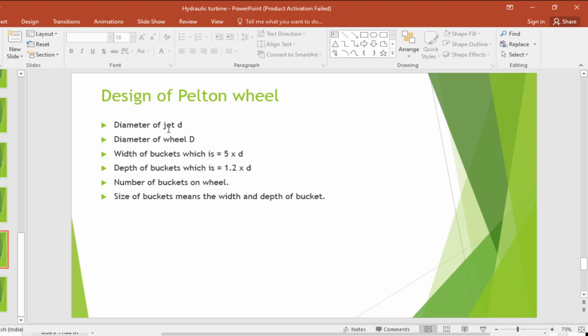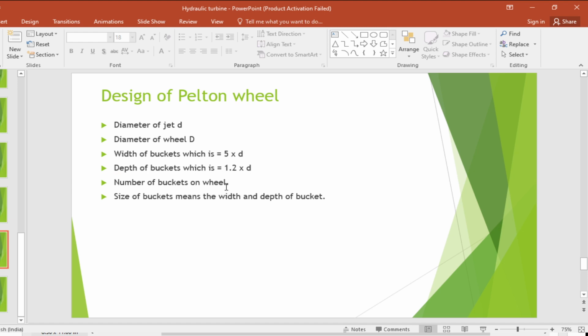First is the diameter of jet, small d, and the diameter of wheel, capital D. Width of buckets, which is 5 into d. These are the formulas that you have to remember. Next is depth of bucket, which is 1.2 into d, and number of buckets on the wheel.